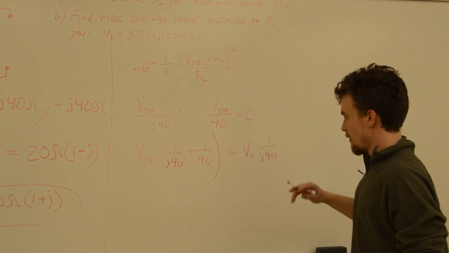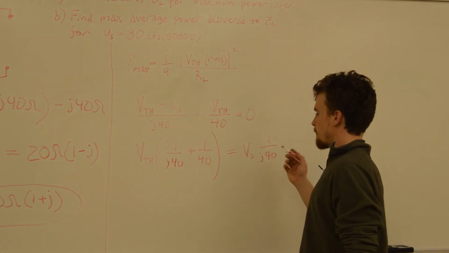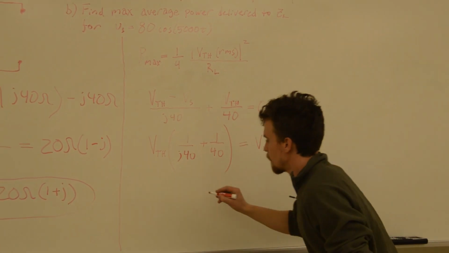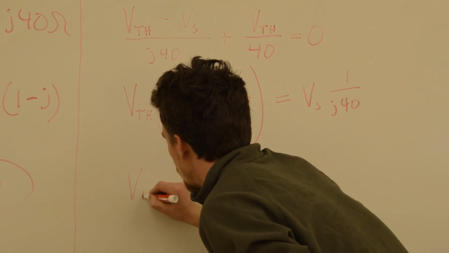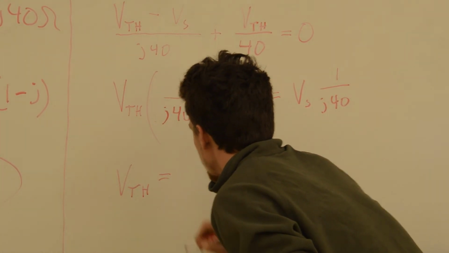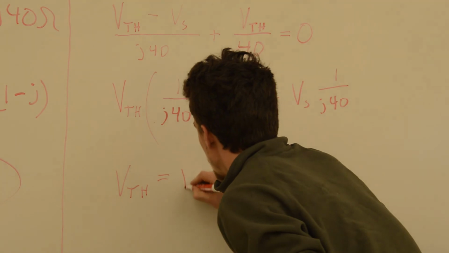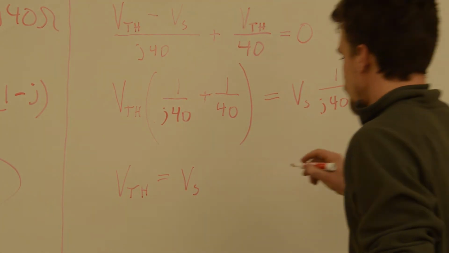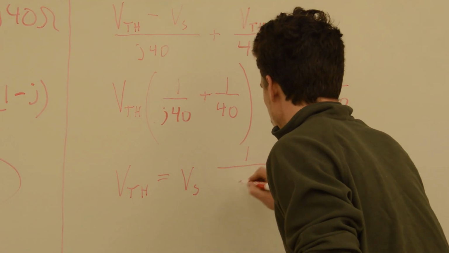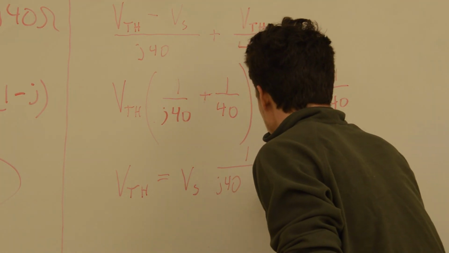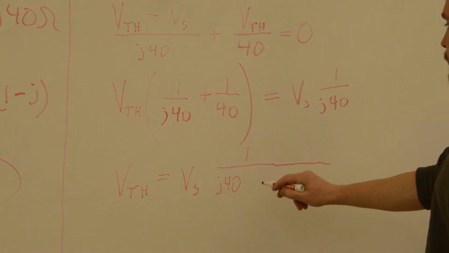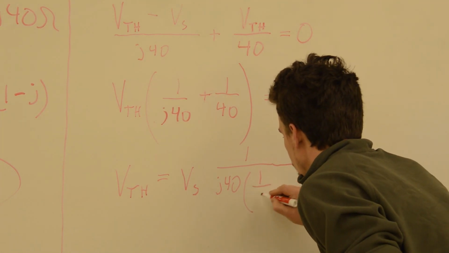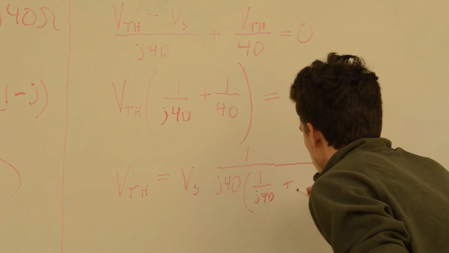The easiest way to divide both sides by this number is to do it on your calculator. Type this in, make sure you use parentheses. This will give us V Thevenin is equal to Vs times 1 over J40, and we're also dividing by this whole number right here, 1 over J40 plus 1 over 40.